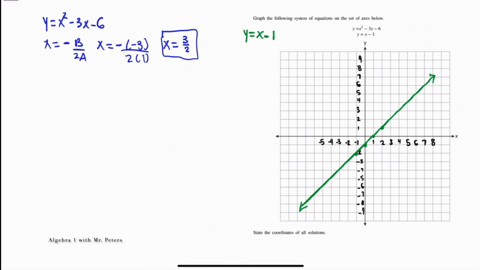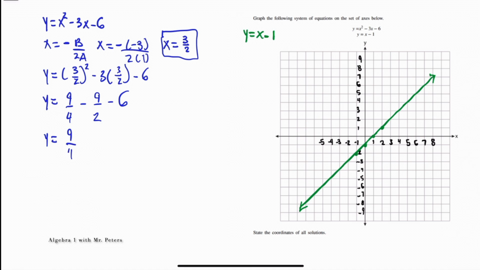Now that we have that information, we're going to plug it back in to get the y. So y is equal to (3 over 2) squared minus 3 times 3 over 2 minus 6. When we simplify, this is what we'll have. Now the issue here is that we have fractions and we can't combine them unless they have a common denominator.